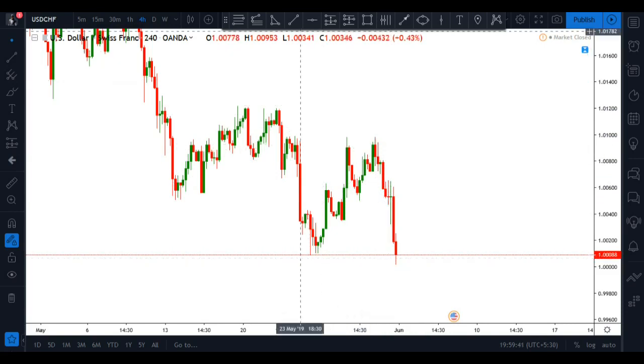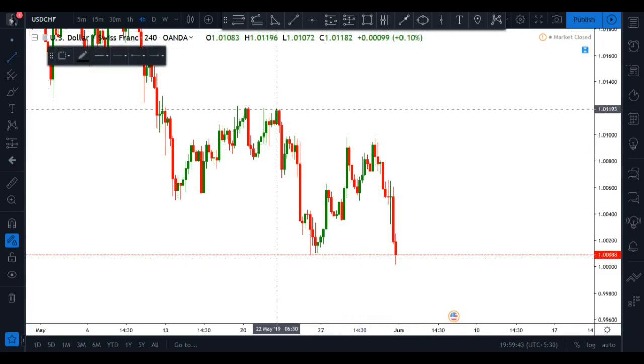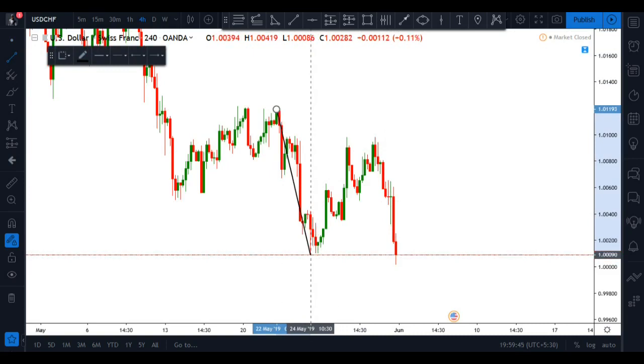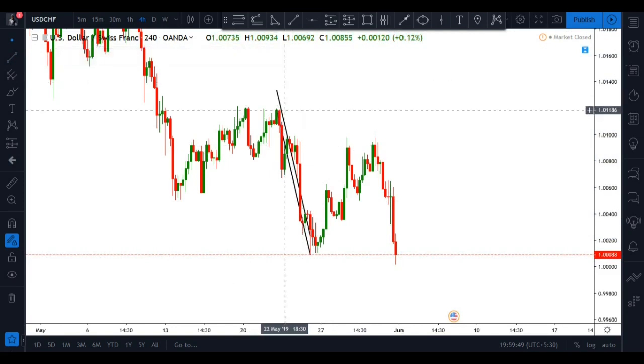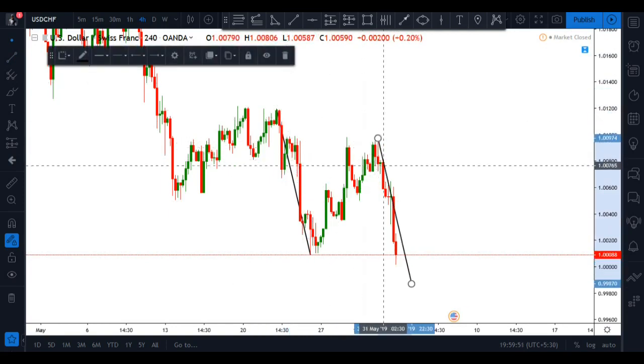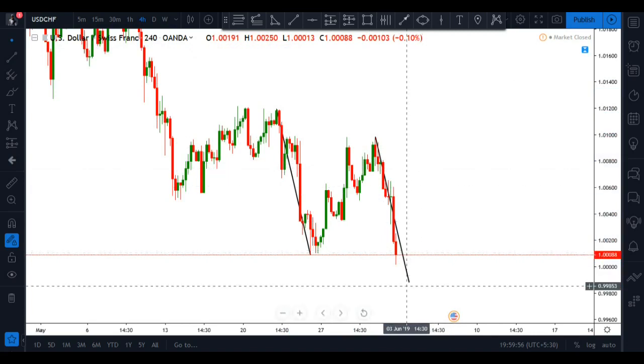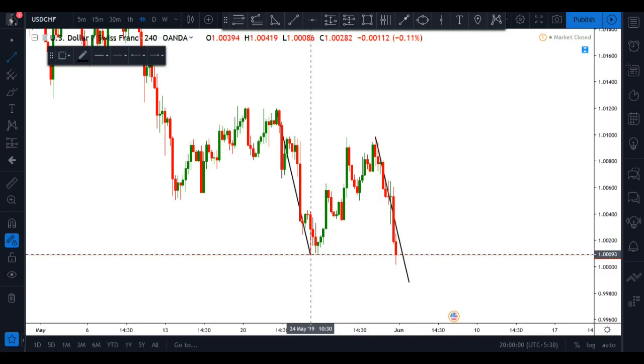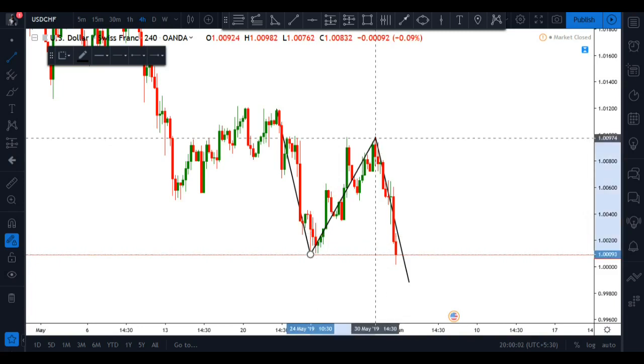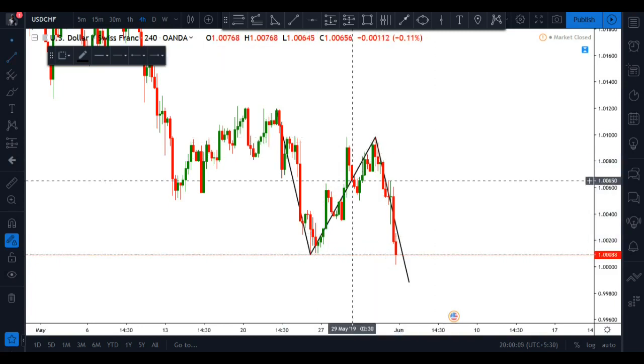And if I draw a line from this point to this point and get a clone of that line, you can see that there is a probable ABCD buy pattern available at this point of the market.